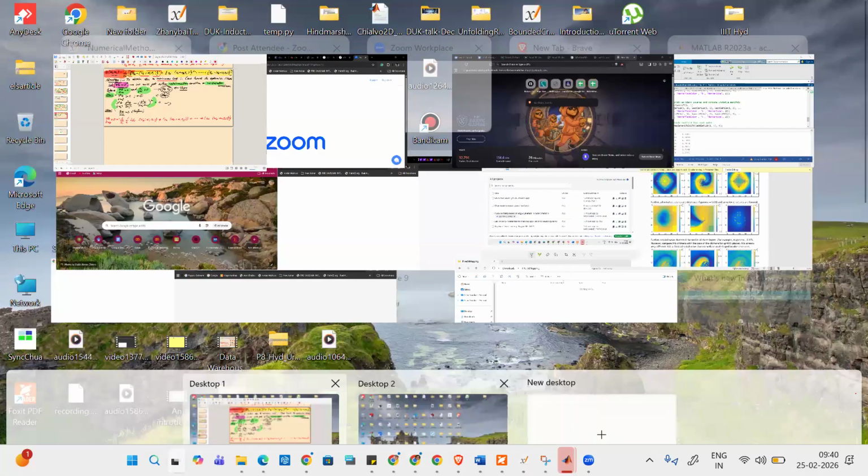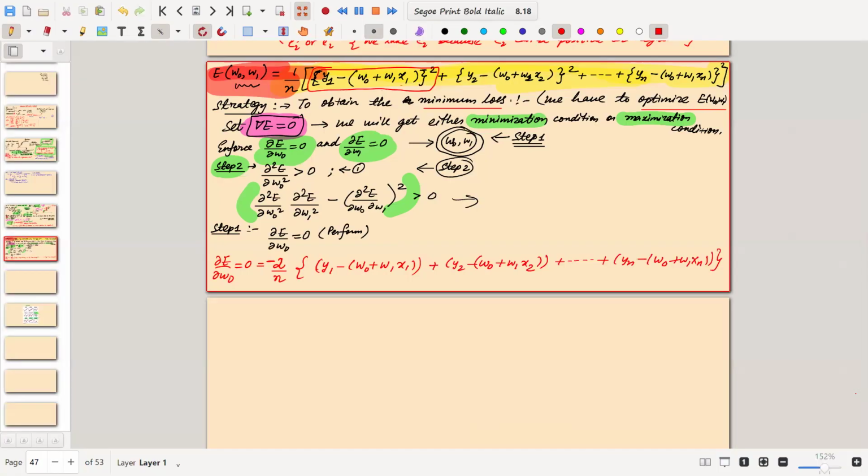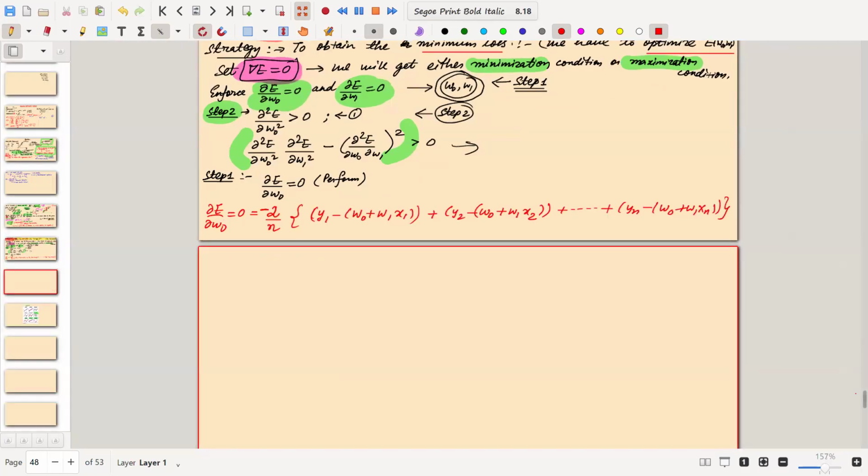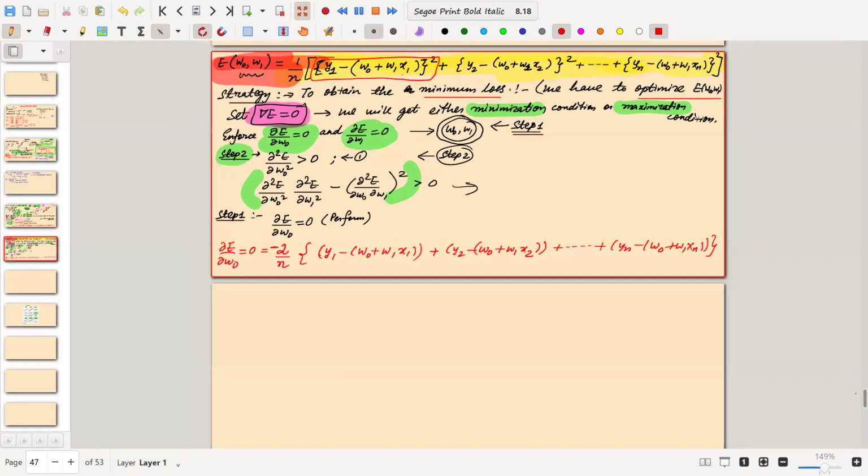No, it's the chain rule. Okay, I will do for one set, then you will understand. Let us do for one set. So dou by dou W0 of (Y1 minus W0 plus W1 x1) squared, right? So what you will take?